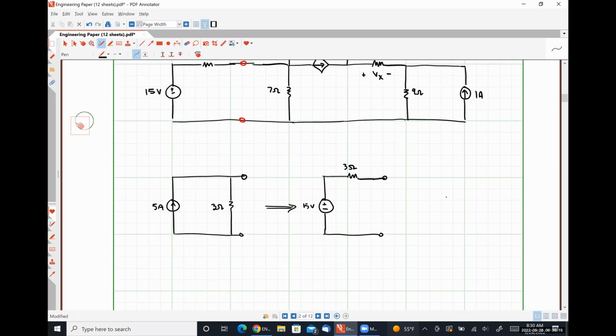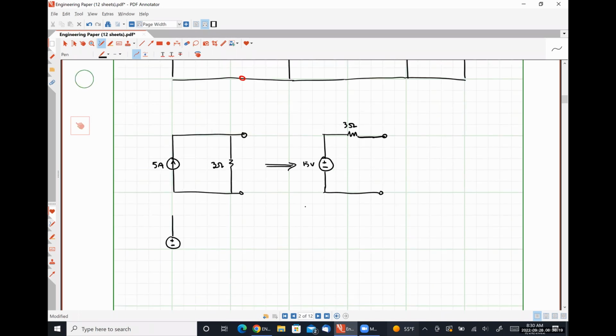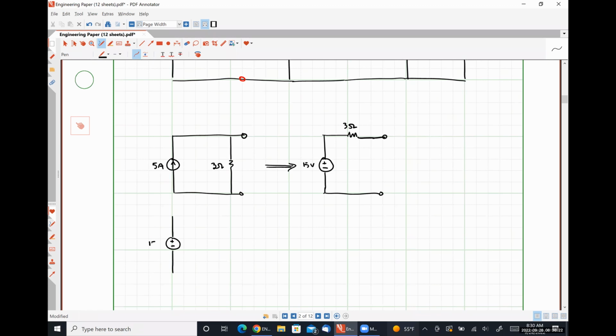So 15 in series with 7 is electrically equivalent to 15/7 of an amp in parallel with a 7-ohm resistor.